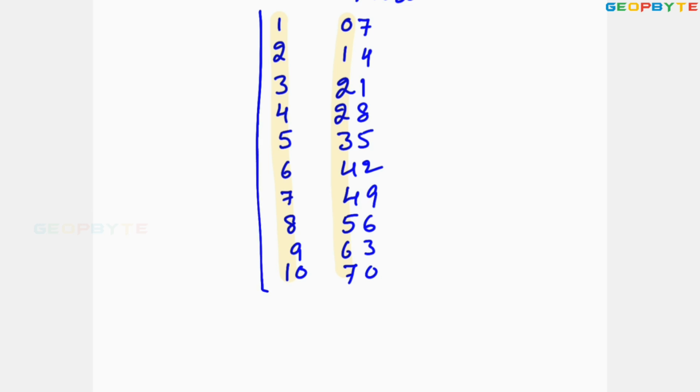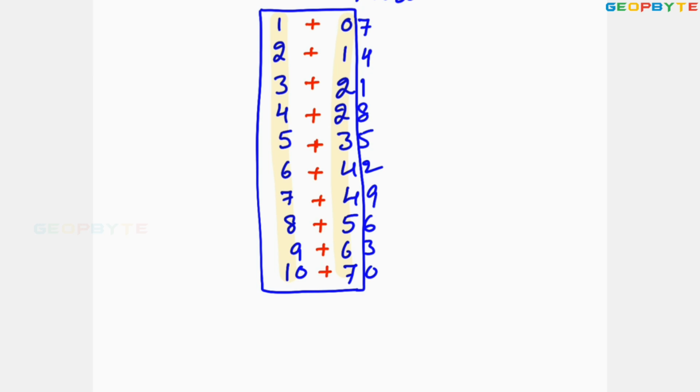You prepare a box like this. Then you keep a plus symbol for the values in the box. Now you add the values in the box.